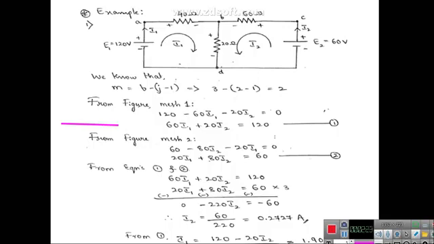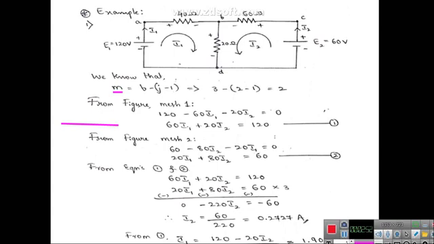Before proceeding with the analysis, you first need to find the number of mesh equations to be written for the given network. The number of mesh equations is equal to b minus j minus 1, where b is the number of branches and j is the number of junction points.